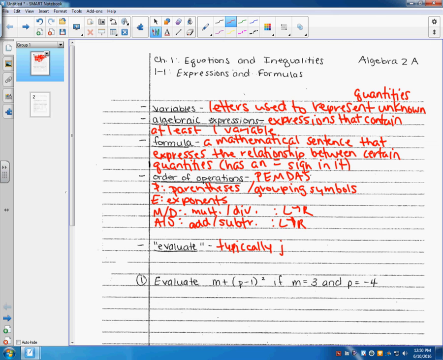Just a number answer. Probably, you could say no letters, or let's use the fancy term, no variables, right? Okay, so that's it for the actual note part, and now we're just going to do a few examples.